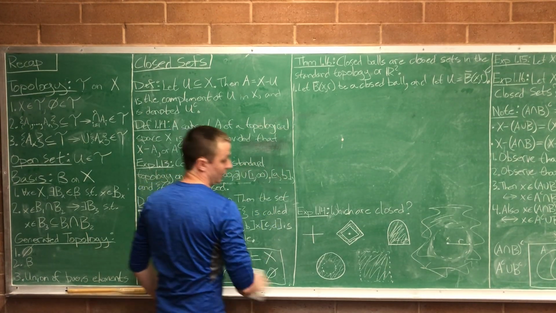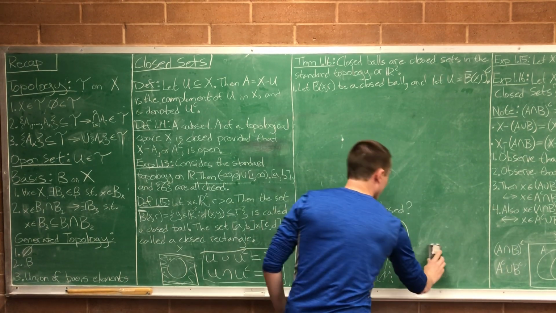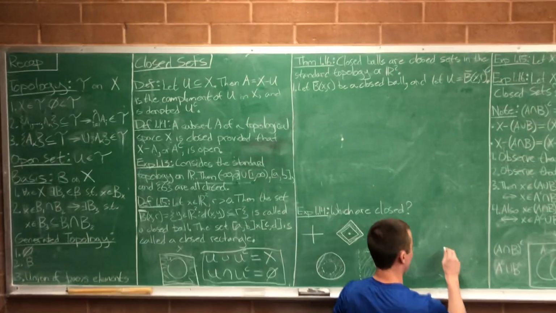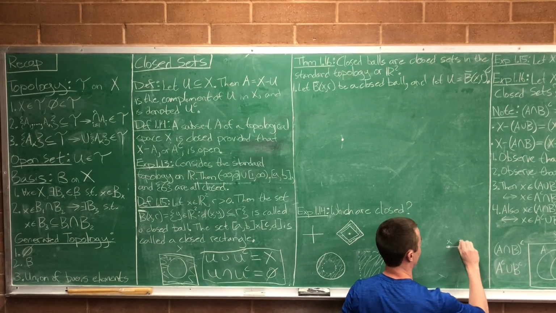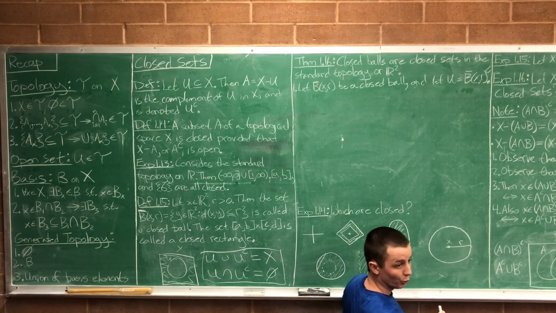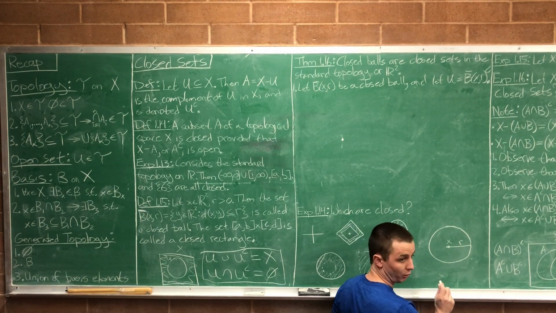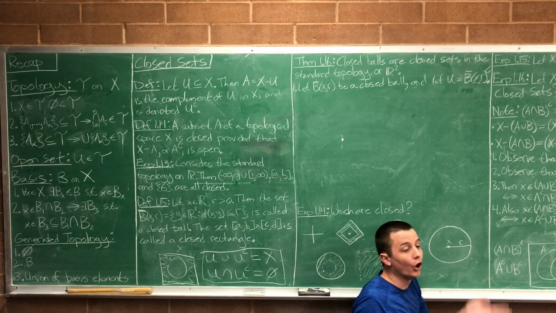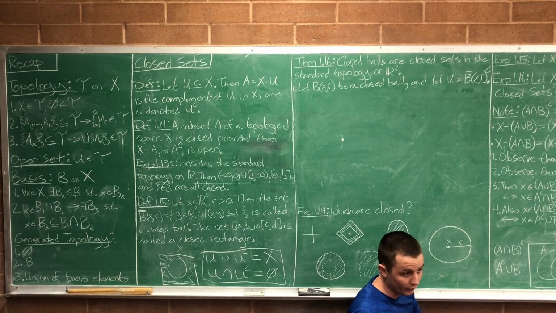So let me erase my picture here and restart one more time. Here's x, here's r, here's our closed ball. I'm trying to prove that this is closed, which means I need to prove that everything that's not this ball is an open set. What does it mean to be an open set in the standard topology in R2? It means you're a union of open balls.